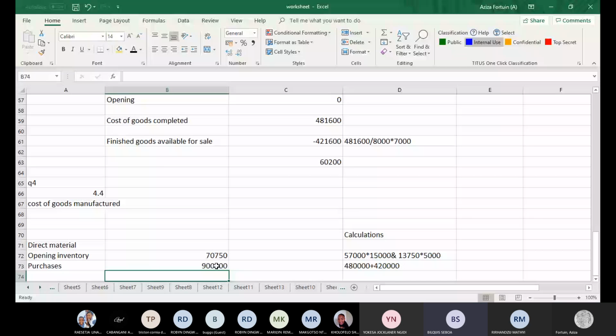So it's that 25,000 times 4 rand, and then also the 35,000 times 3 rand. So that would give you your 205,000.